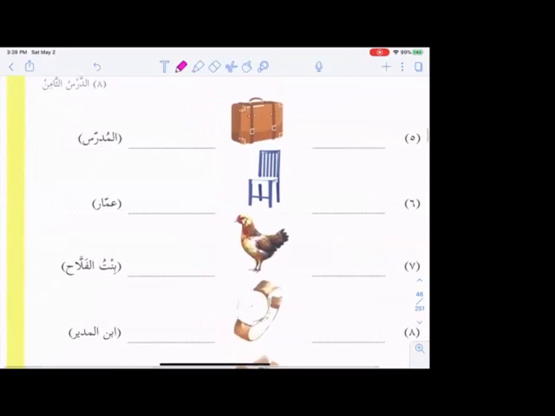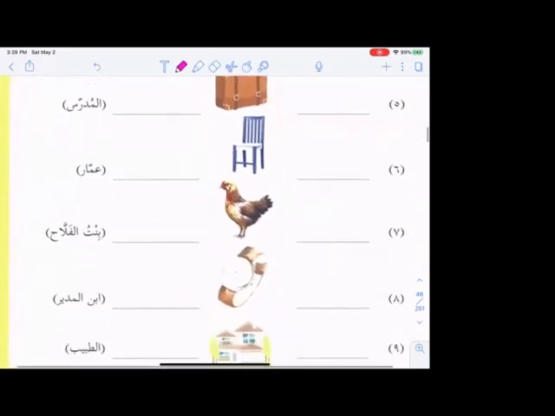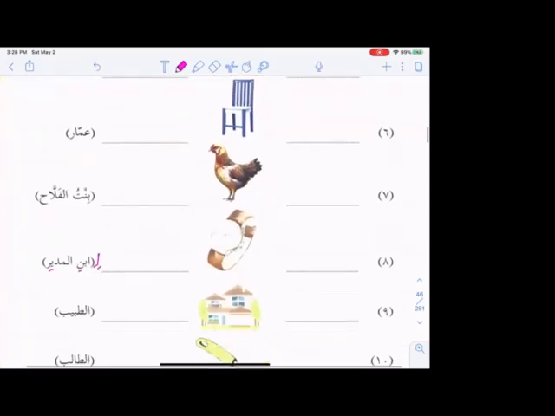Belongs to the daughter of the farmer. Fine here, whether this is a watch, so again مؤنث. لمن هذه الساعة. هذه الساعة لابن المدير. This watch belongs to the son of the mudir.